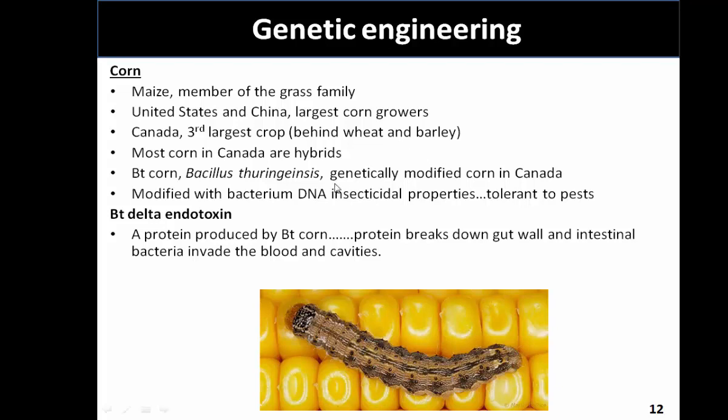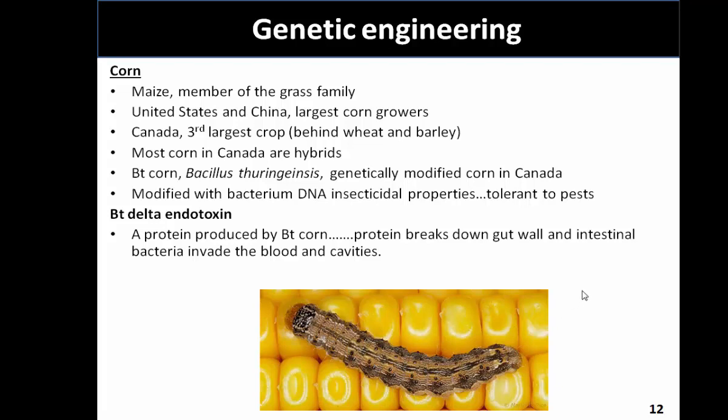The gene from this bacterium is harvested and incorporated into this new strain of corn, Bt corn, and this included gene will produce a protein that breaks down the intestinal tissue of the pests that would normally destroy an entire crop of this corn.